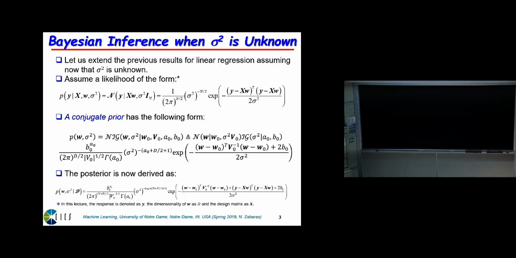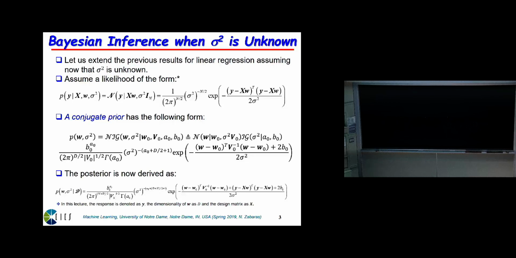X was our phi before. The only thing that I want to keep here as an interesting new aspect is that sigma squared is not known. Before, you remember, we had the precision beta. I call it here explicitly sigma squared. So sigma squared here is unknown.